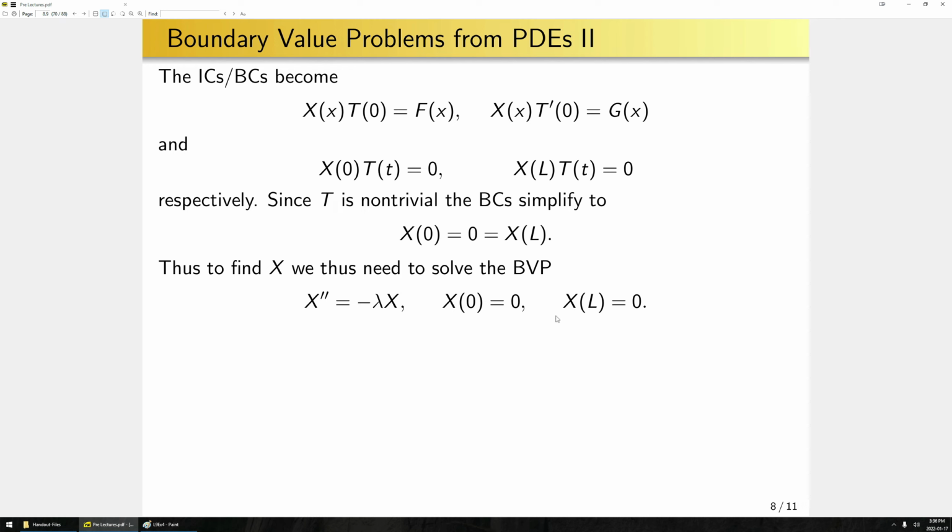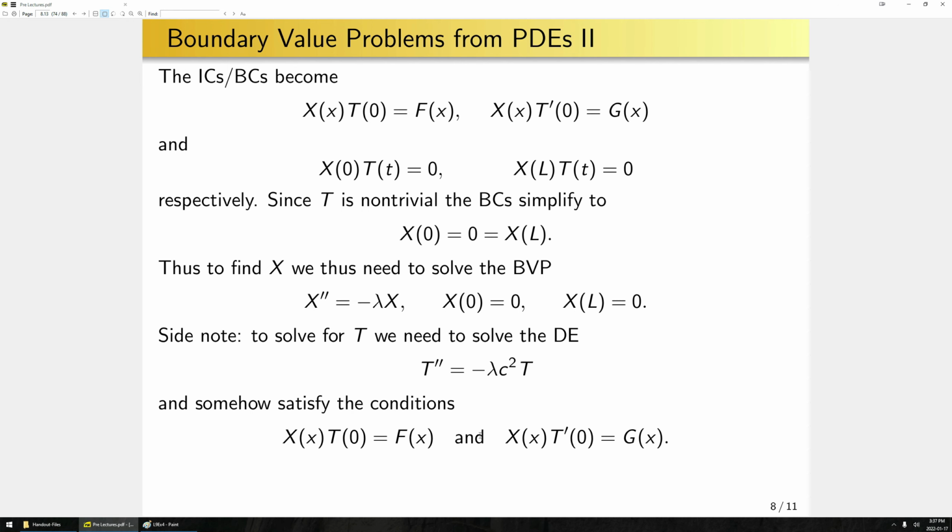Okay, so that would be how to deal with x, and the natural question is, well, how do I deal with t? I have that ODE that I can solve, but then I have these conditions here. Just as a side note for now, to solve for t, I first need to solve this differential equation, and then I need to somehow satisfy both of these conditions simultaneously. Now, if x of x is just coming from solutions to this boundary value problem itself, you might think there's no way I can possibly satisfy these conditions here.